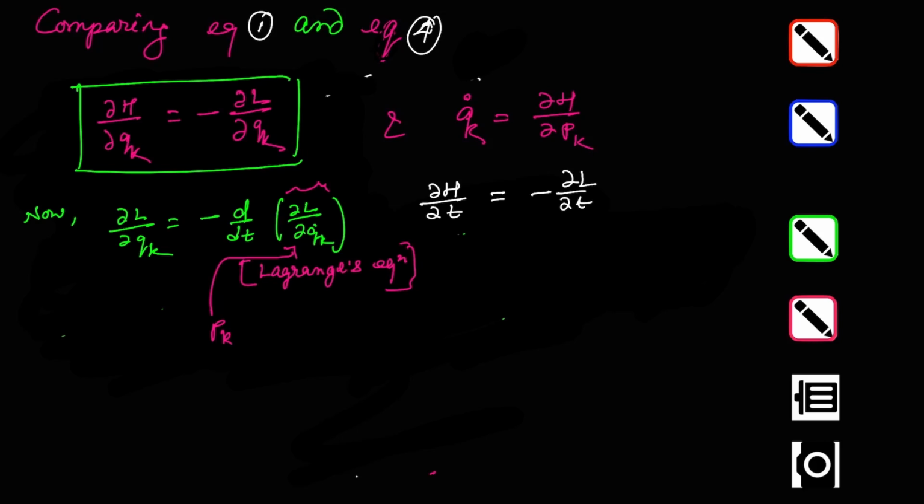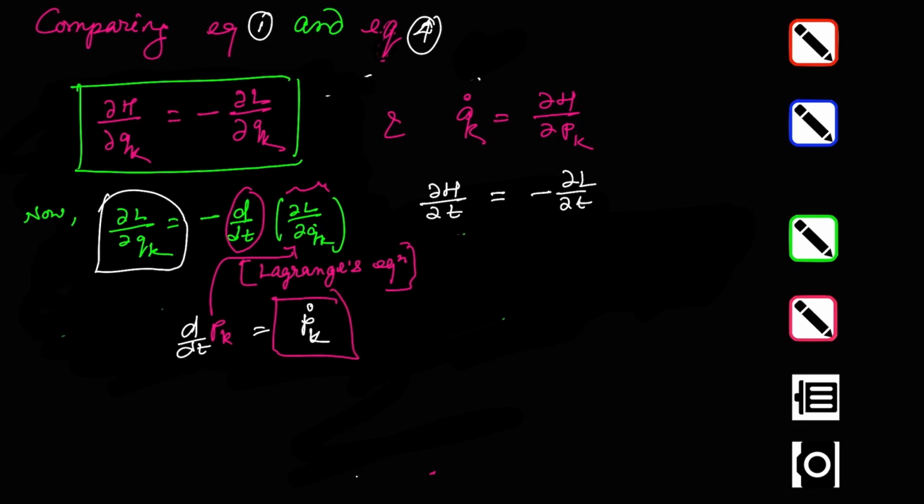Then its time derivative is pk dot. So del L by del qk is pk dot. Replacing the right-hand side in the above equation, you will get del H by del qk equal to minus pk dot.